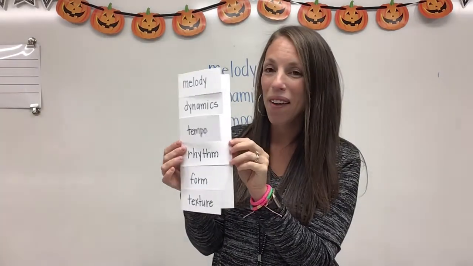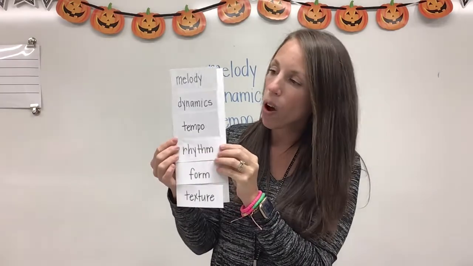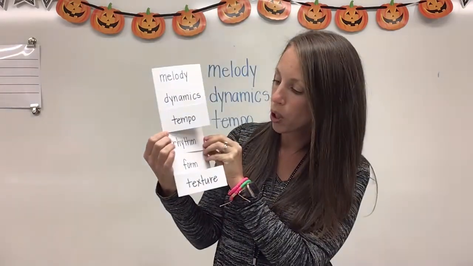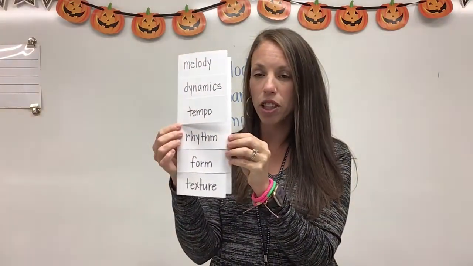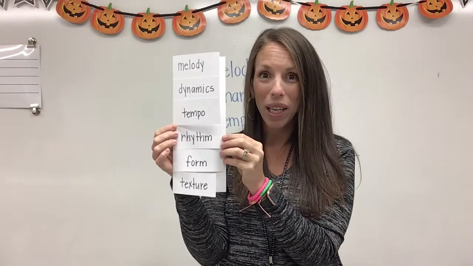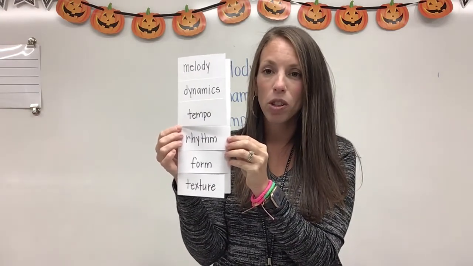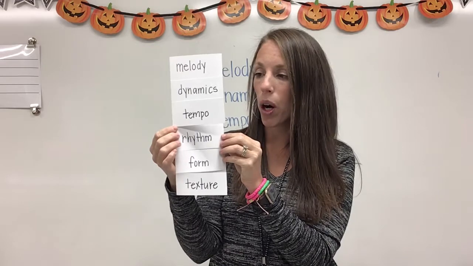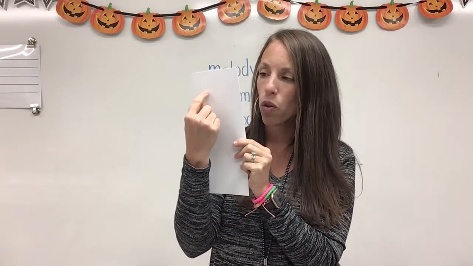Now that you have finished writing all of your musical element words on the front sections, we need to add our name. So turn your flipbook around, and I'd like for you to nice and clearly write your name.